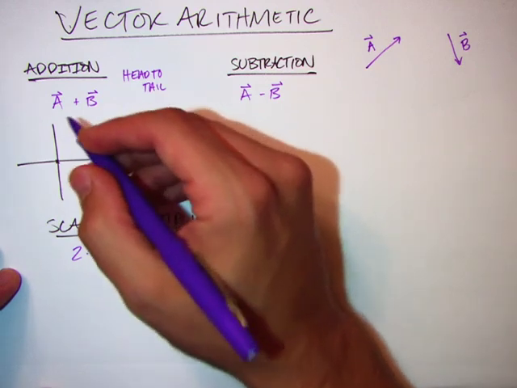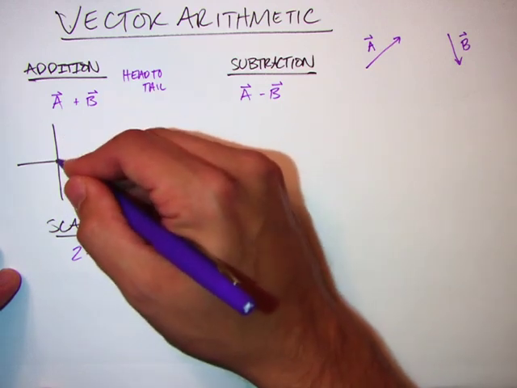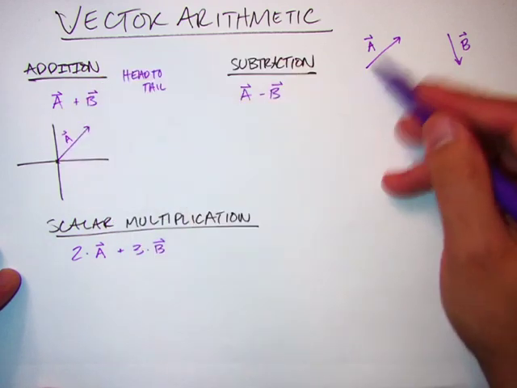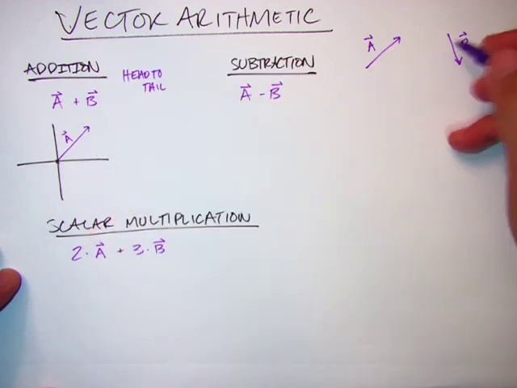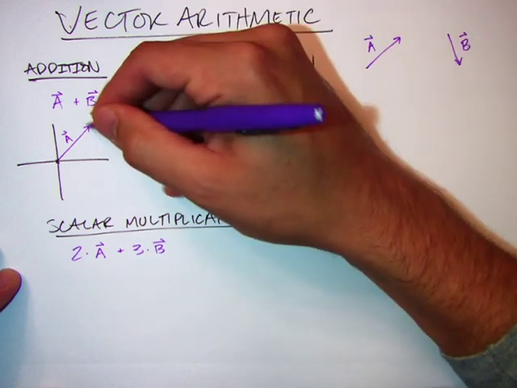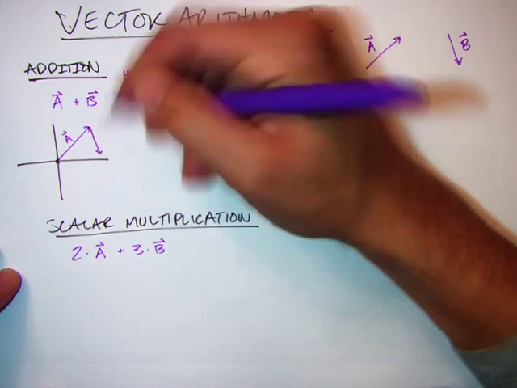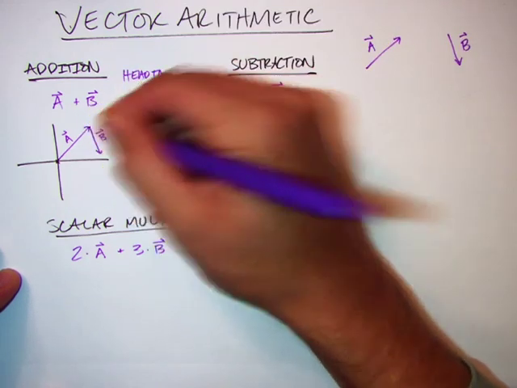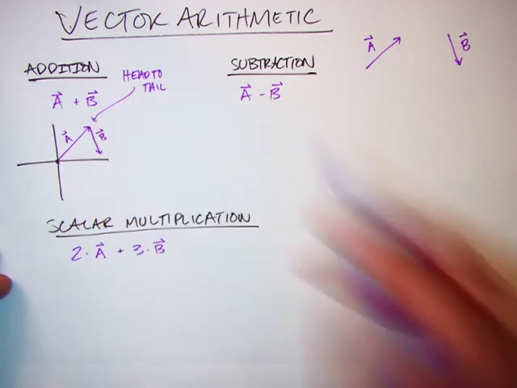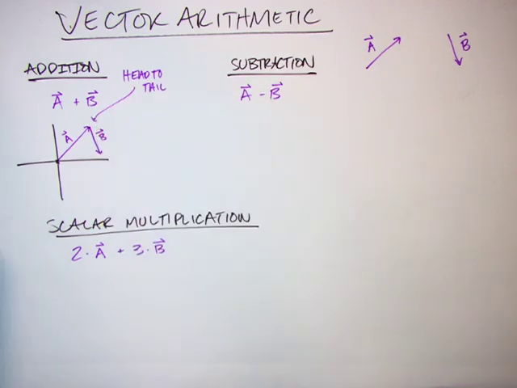So I'm going to start with vector A. So I've drawn vector A in its direction to its length, and then I'm going to take B, I'm going to line it up at the end of A. So there's vector B. So right here I've lined them up head to tail. So this is how I add vectors together graphically.